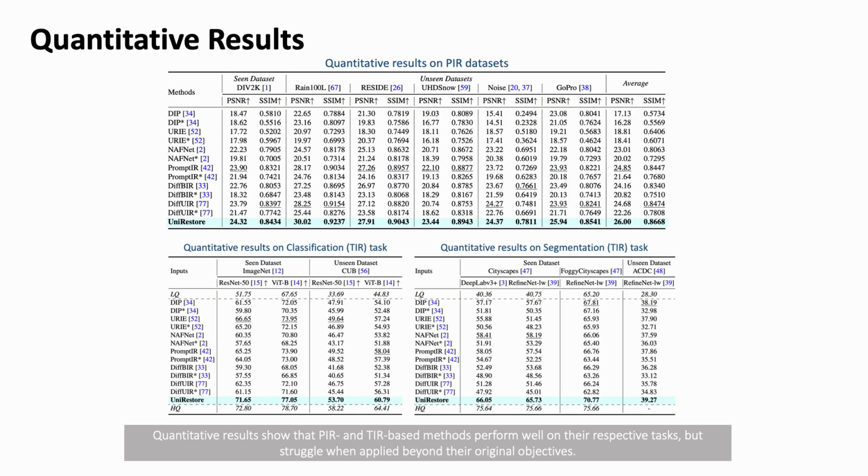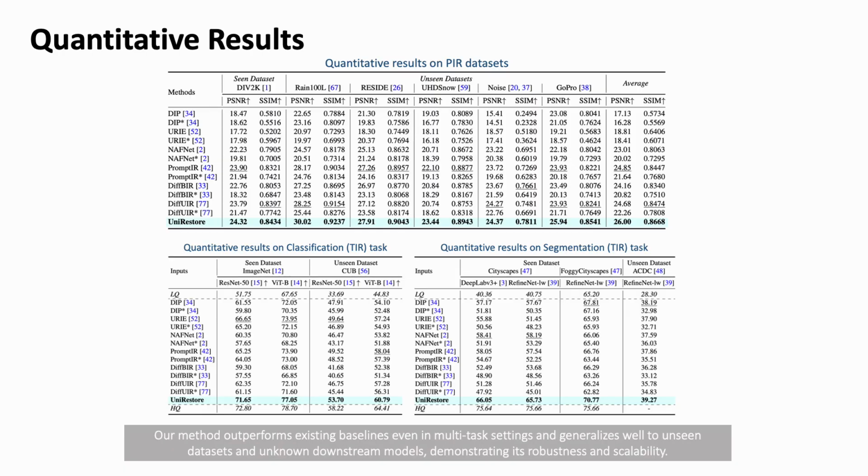Quantitative results show that PIR and TIR-based methods perform well on their respective tasks, but struggle when applied beyond their original objectives. In contrast, UniRestore achieves strong performance across perceptual restoration, classification, and segmentation using a single unified model.